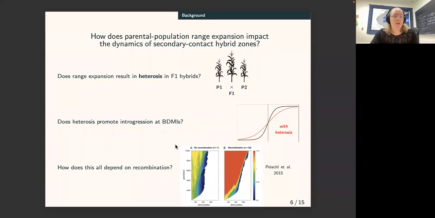And then the last part of this is, as you guys may be familiar with, Stephen Peischel has shown that there can be a significant impact of recombination on the pattern of allele surfing and the extent of range expansion. So how does this whole story depend on recombination?